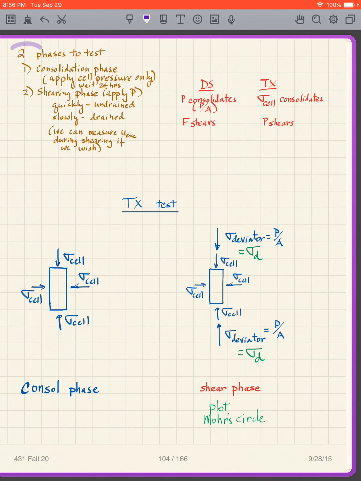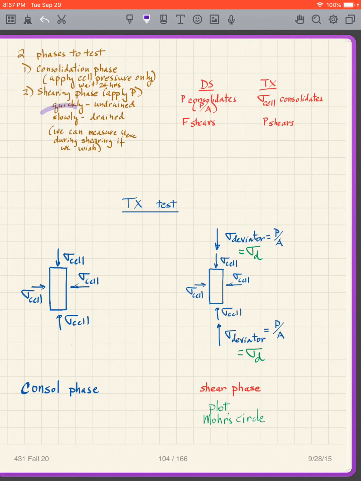As I said, there are two phases to the test. There's the consolidation phase, which is when we apply the cell pressure only, and we wait 24 hours or until the excess pore pressures have dissipated. That ends the first phase. The second phase is the shearing phase, where we apply P. If we apply it quickly, it's undrained.